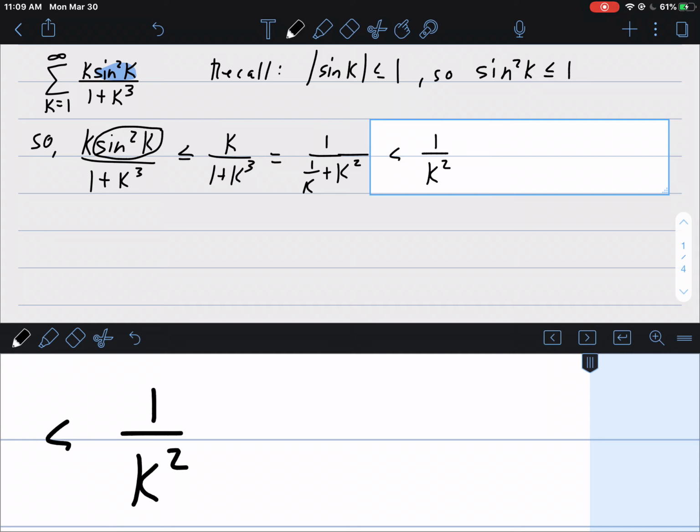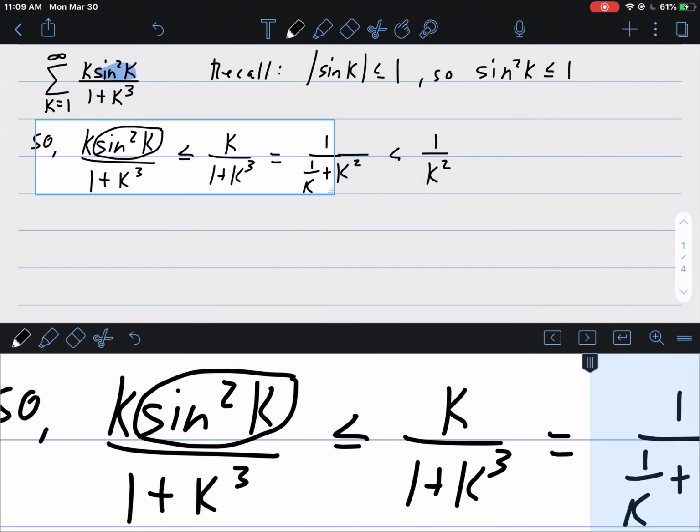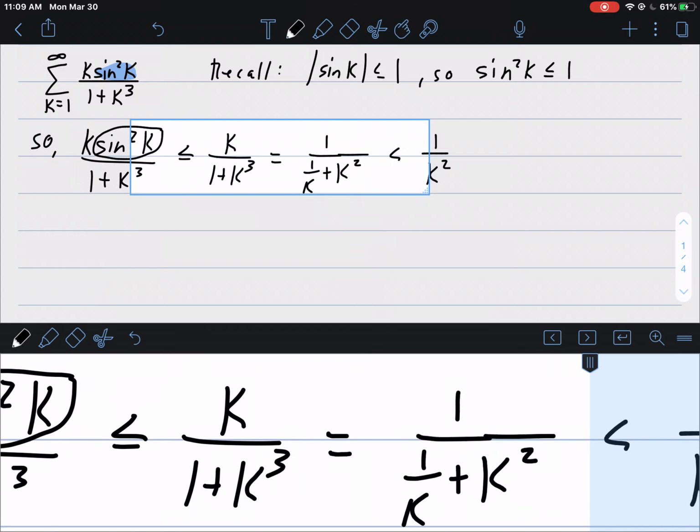What do we know about convergence and divergence with p series? P series converge if that exponent is greater than 1, and they diverge if the exponent is less than or equal to 1. So now notice the progression here from left to right. Our original series is less than or equal to k over 1 plus k cubed because of what we know about the sine function values, which is equal to 1 over 1 over k plus k squared.